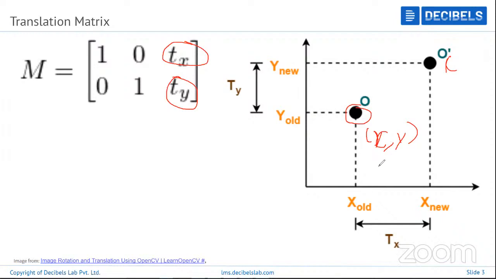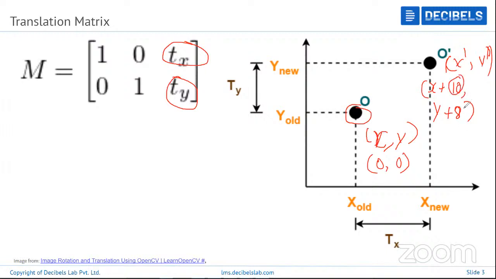Mathematically, how could you move it? Let's say this is 0, this is 0. We could just say x plus the amount of translation with respect to x, let's say 10, and y plus, let's say 8. That would give you the O dash point, with X dash and Y dash values.